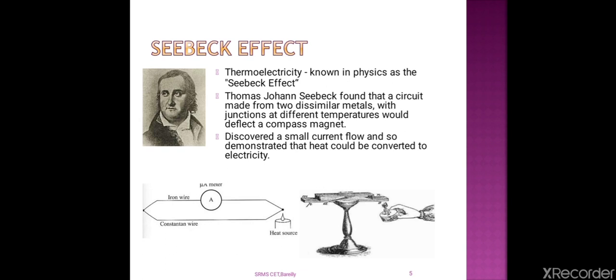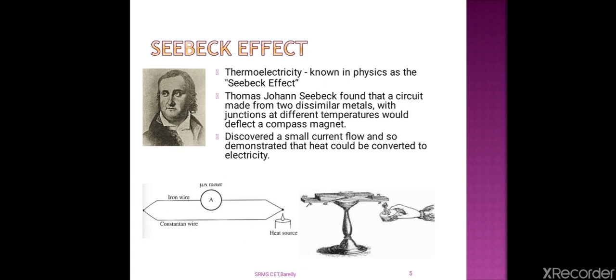Now, let us take an example. We'll consider two dissimilar materials, one at temperature T1 and the other at temperature T2, and we are heating it up. The other end is maintained at a lower temperature. Then if we measure an EMF or voltage, it shows that current is flowing through it.